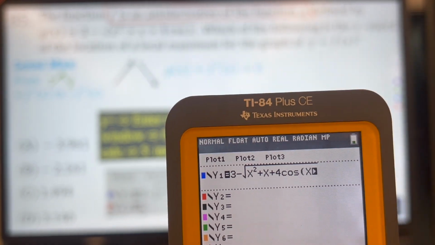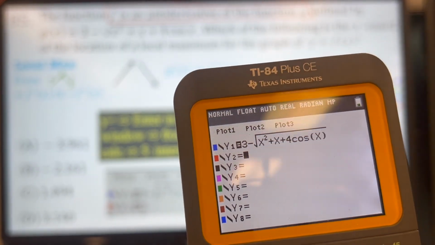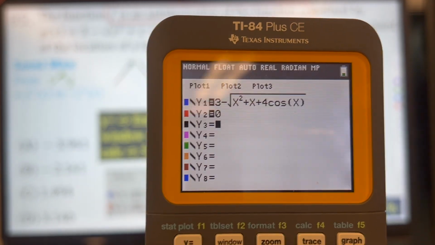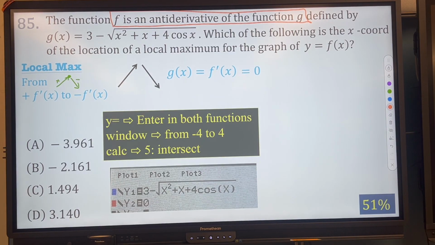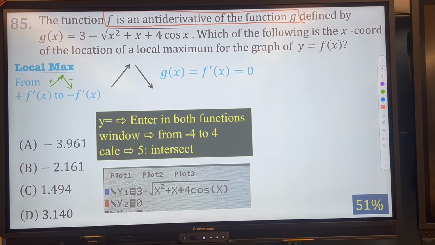All right, and then what you're going to do is you're just going to close that cosine and hit enter. And your second one is when they equal 0, so you just make it equal to 0. Enter. Okay? So now we have that. And you're going to see where they intersect.